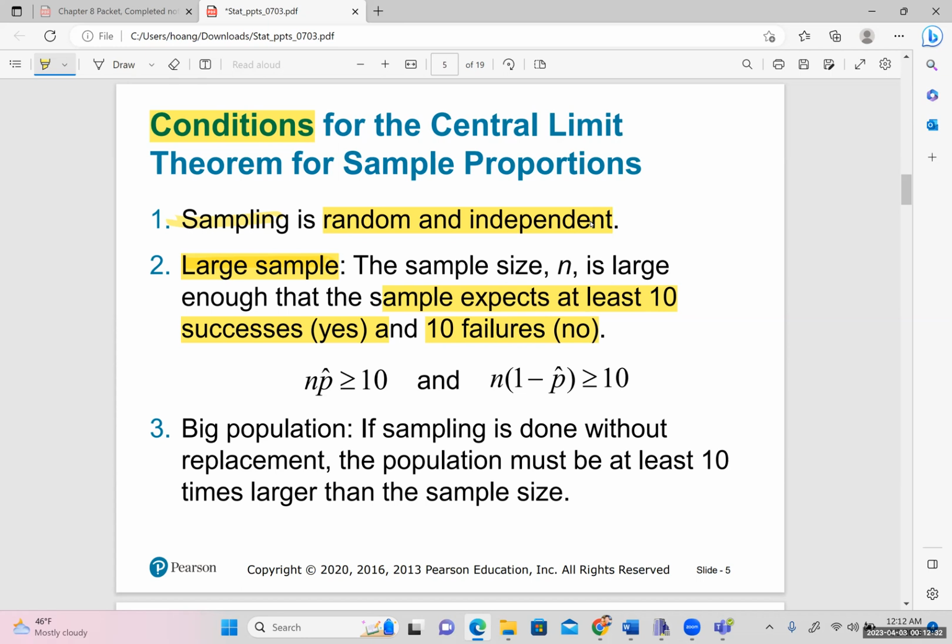So it's n times the sample proportion greater than or equal to 10, and also the sample size multiplied by 1 minus the sample proportion greater than or equal to 10.